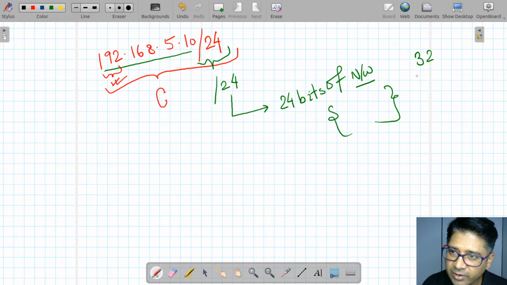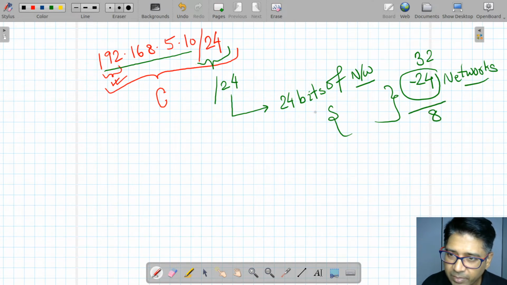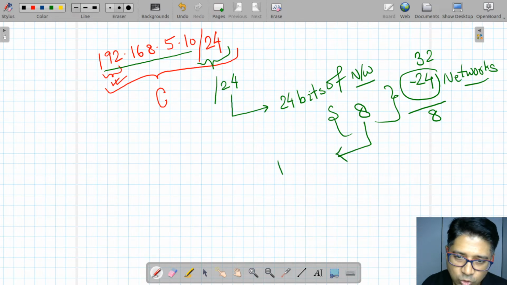Out of 32, 24 is the network bits, the bits that belong to the network. So how much is left? 8 bits. The 8 bits belong to your host.